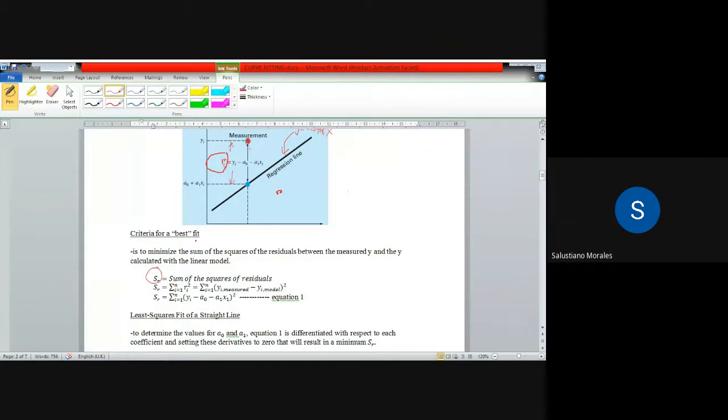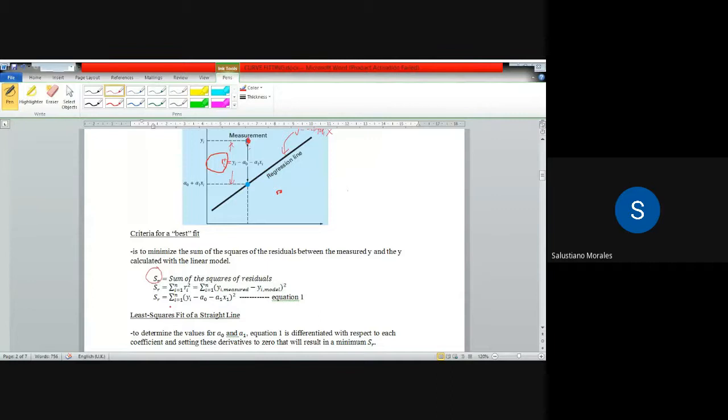So n is the number of data points, or equal to the summation of y sub i measured minus y sub i model, then quantity squared, where i starts from 1 up to n. So yung y sub i measured is usually the given data points yan. And yung y sub i model is the value of y in the derived straight line.